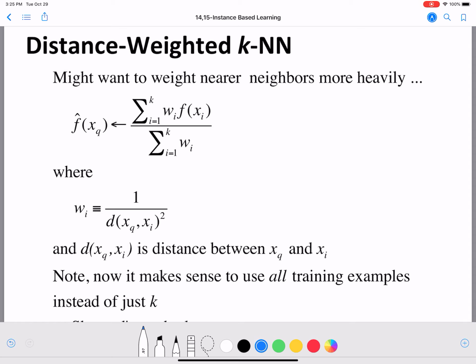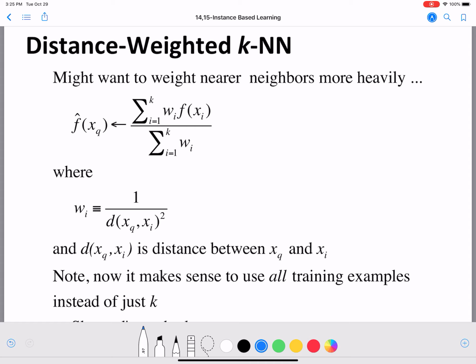We want to consider as many examples as possible because we don't want to limit ourselves to 5 or 10 and then lose something that a farther away example could contribute to our prediction problem, and we want to take that into account. But at the same time, we don't want that to influence our prediction too much. So we want to limit its influence.